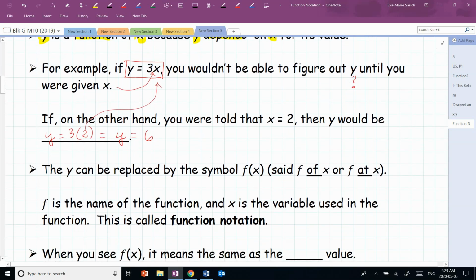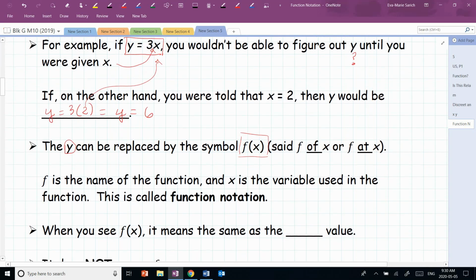Now, you can replace that y with the symbol f of x. And we talk about that, right? F with a bracket with x in it. When we speak of it, it means f of x, or we can say f at x. Okay?